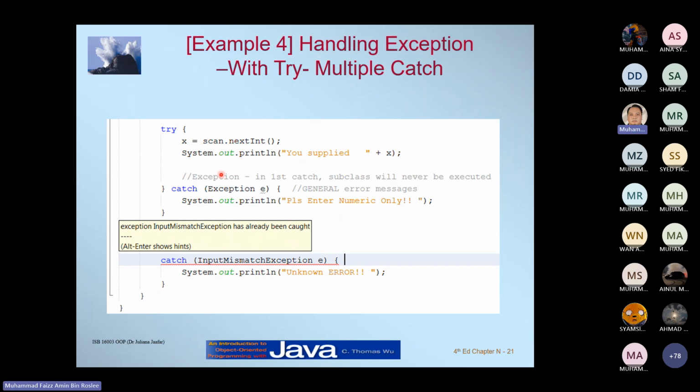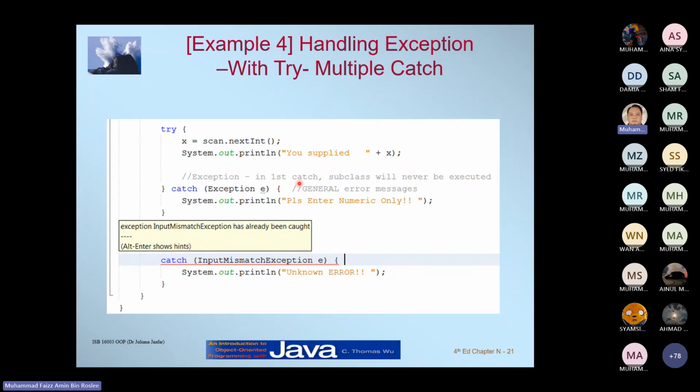So this is another example over here, a try with multiple catch. If you can see over here, there's a try block as per usual. Then you have a catch block in here. Then you have catch input mismatch. Okay, so over here, it will prompt you: exception in the first catch subclass will never be executed.